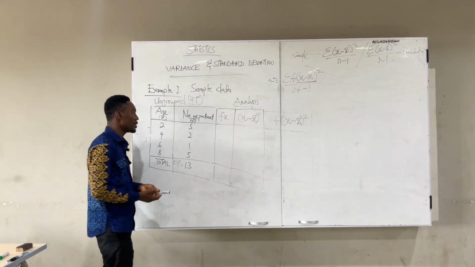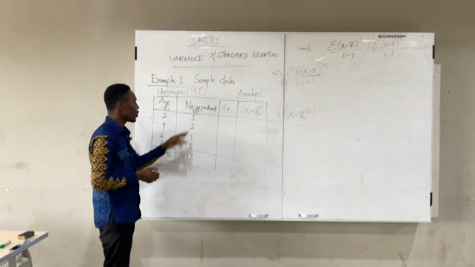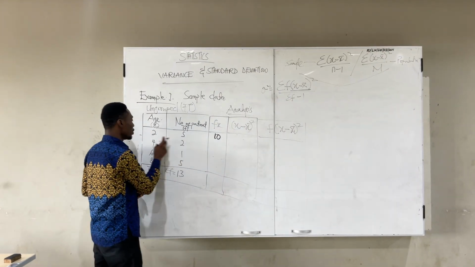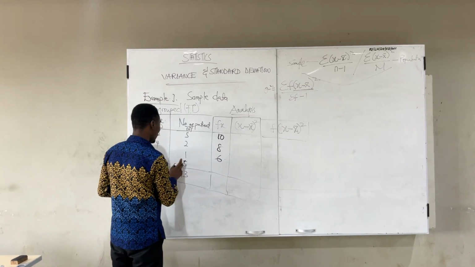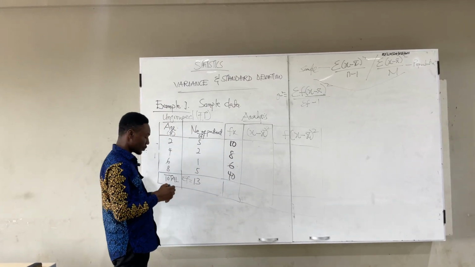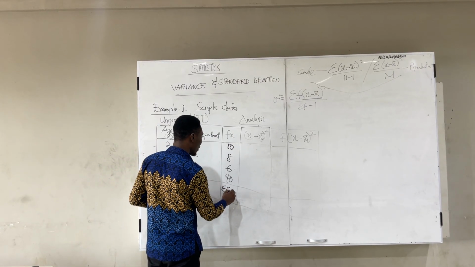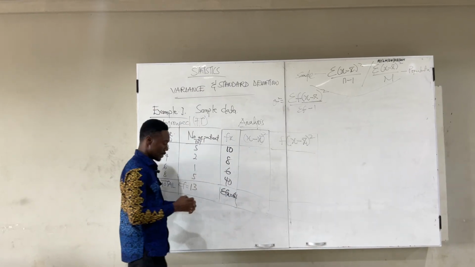fx simply means that you take each frequency and multiply it by the variable. So 5 times 2 will give you 10. 2 times 4 will give us 8. 1 times 6 will give us 6. 5 times 8 will give us what? 40. Then you do the sum of fx. That will give us 64. Is that okay?